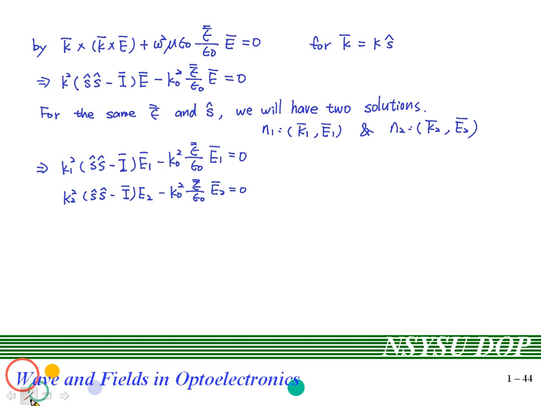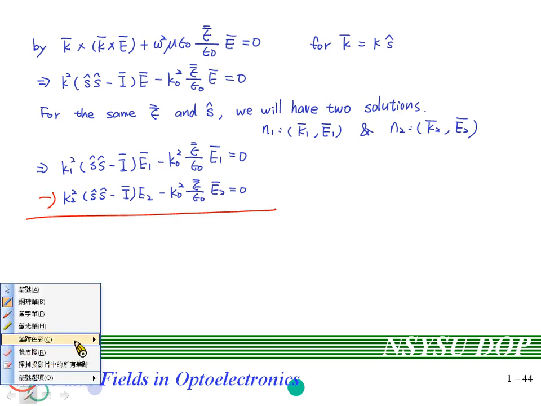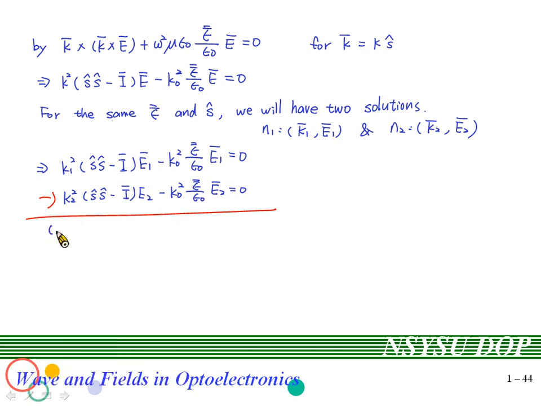Okay, and now what we will do is use the first one to subtract the second one. So you will have K1 squared minus K2 squared times the following part.